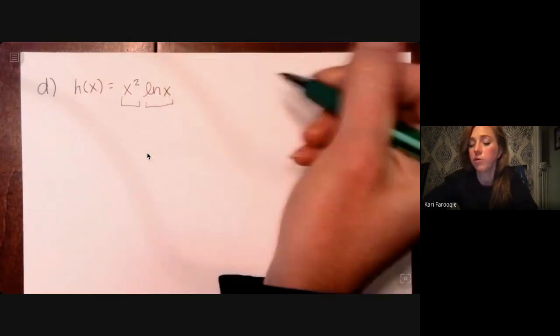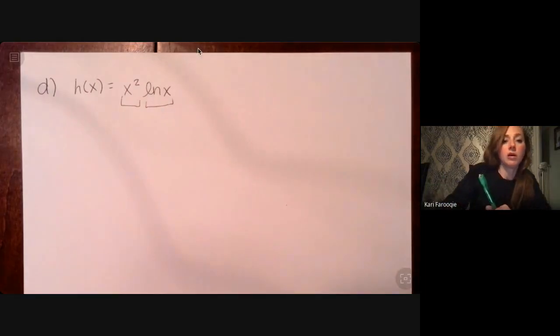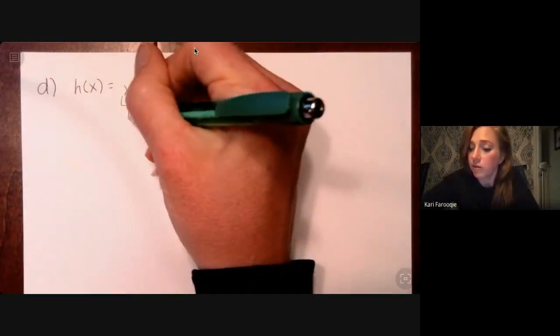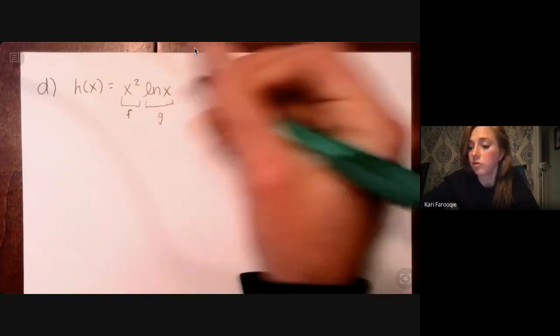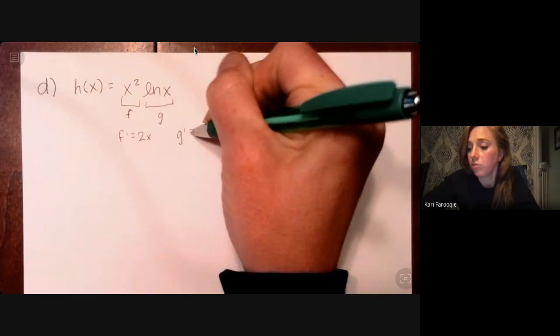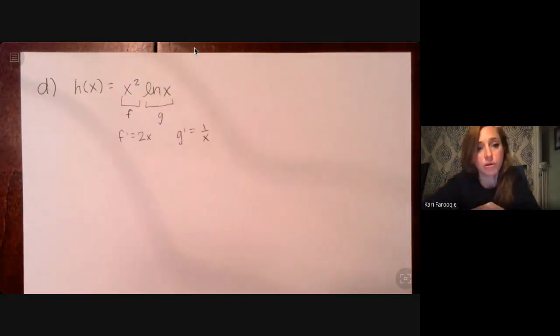One of them is a monomial, and the other is the natural log of x. In order to take the derivative, we can let the first factor be f and the second factor be g. Then f prime is 2x and g prime is 1 over x. This goes with that rule I gave you earlier for the derivative of the natural log of x.